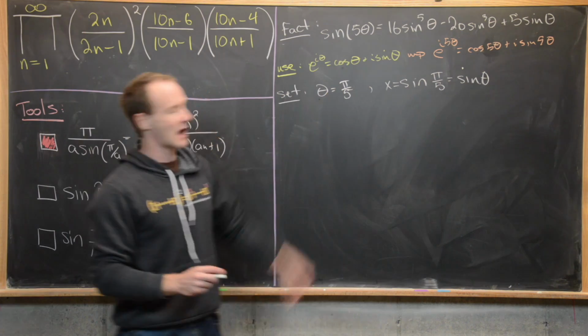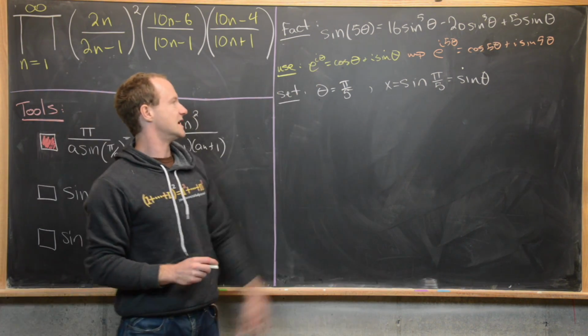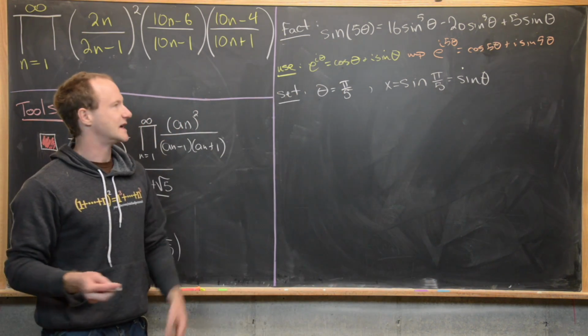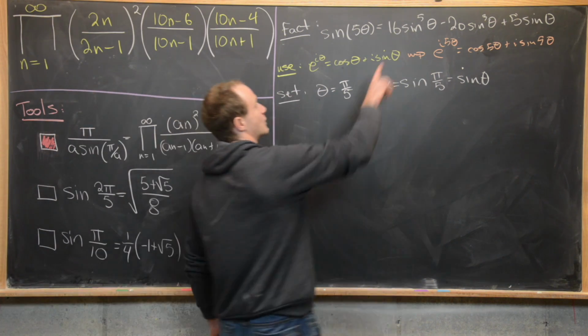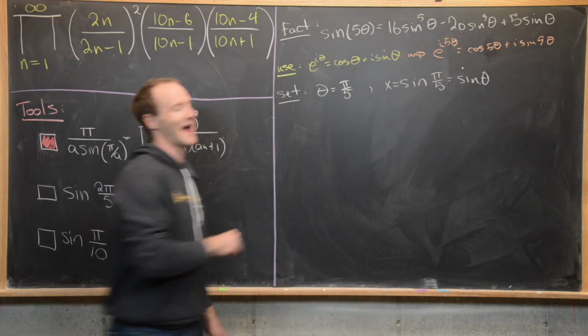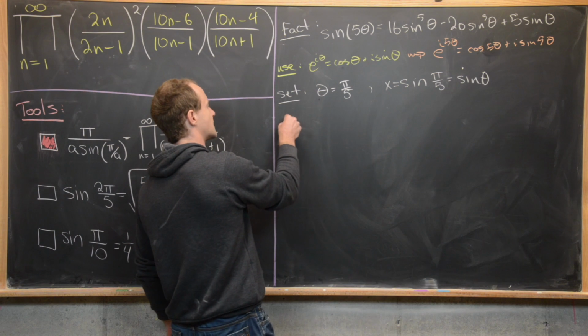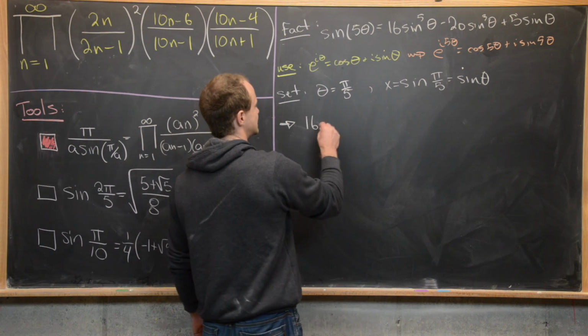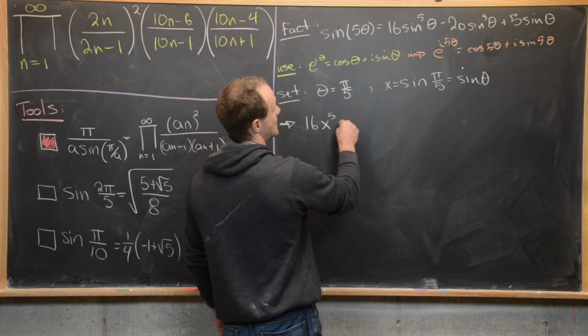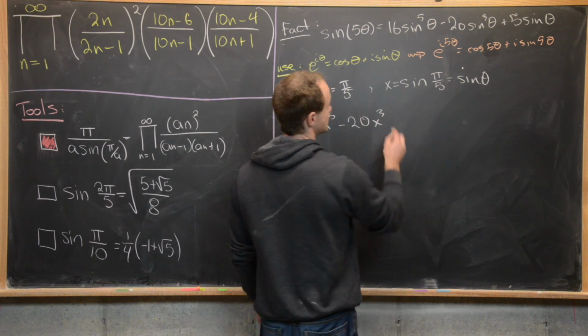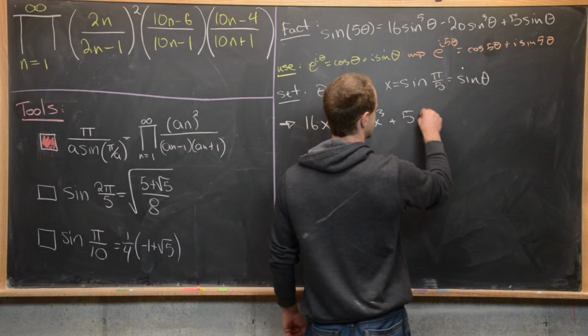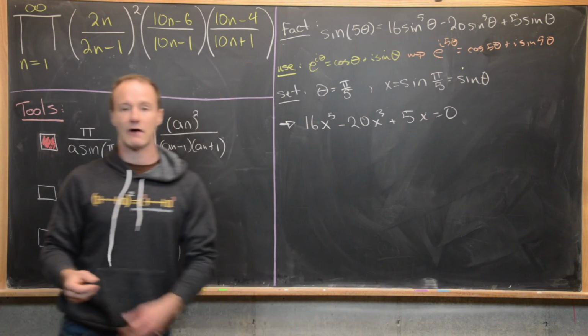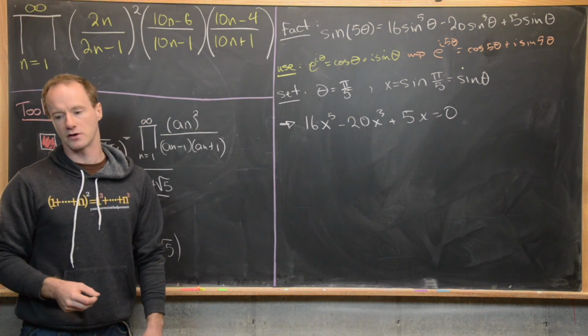If theta is pi over 5, then 5 times theta is pi, sine of pi is 0, and then we can replace all of these sine thetas with x's, giving us a quintic polynomial. So we have 16x to the 5th minus 20x cubed plus 5x equals 0. Now our goal is to find the roots of that polynomial.